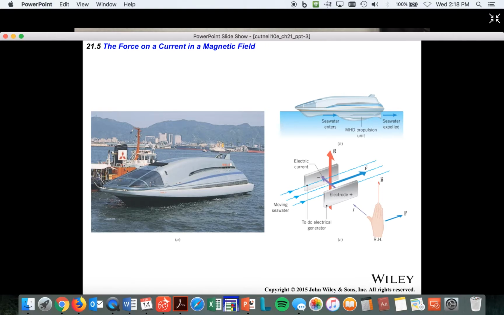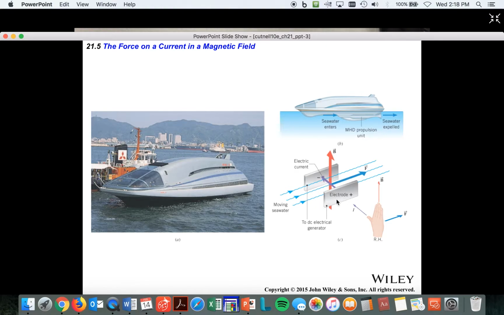Okay. Now this is one of those things where, as you move through the sea, as the moving seawater goes through here, we create a current through these two electrodes, all right, and we got a huge magnetic field that's pointing up here.